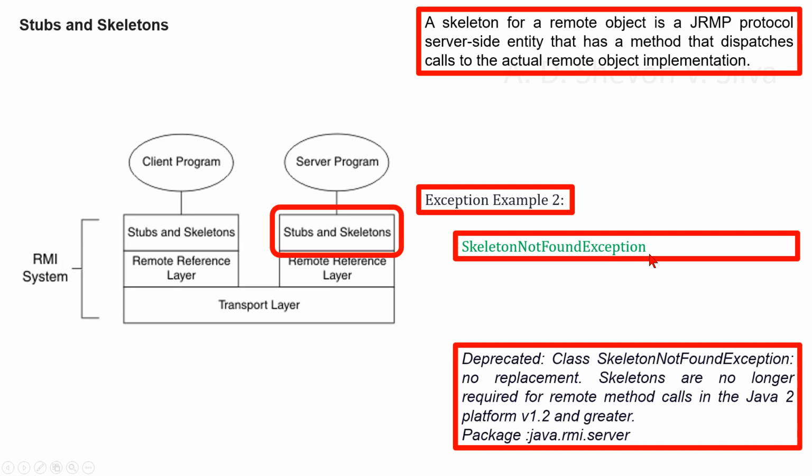Skeletons are no longer required for remote method calls in Java 2 platform version 1.2 or greater. This is in the package java.rmi.server.